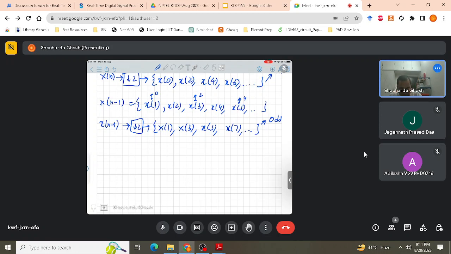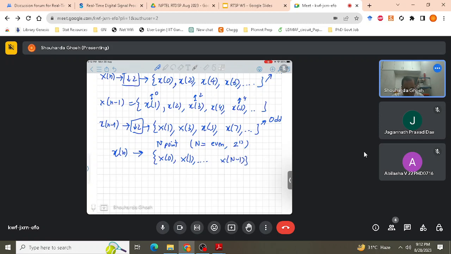So let's say I have some sequence x of n and it's an N-point sequence. For the rest of the case, we'll assume N as even, and even more, it's some power of 2. So x of n is an N-point sequence, x of 0, x of 1 till x of N minus 1.